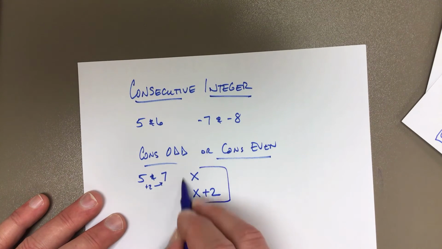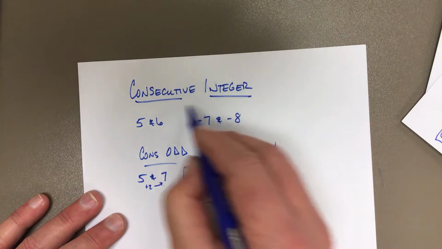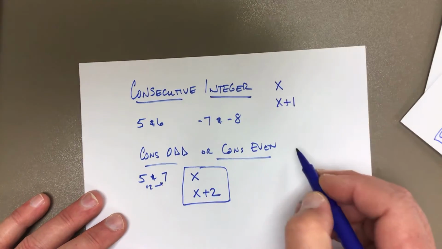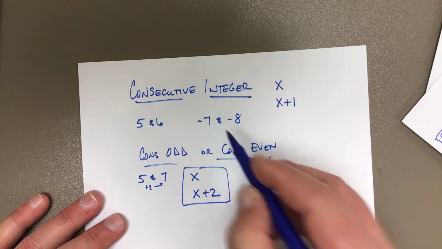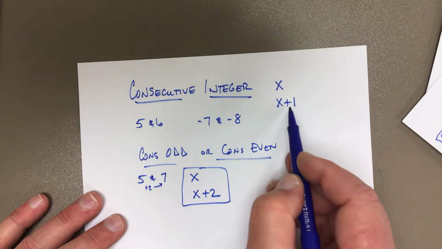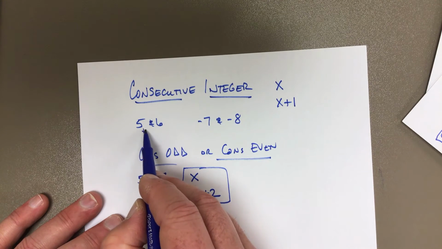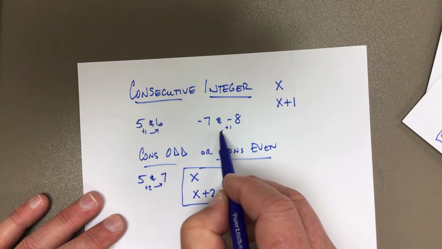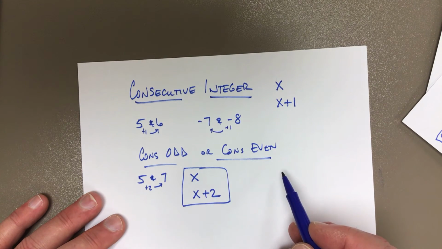This is important here, right? Up here, a consecutive number would be x and then x plus 1. Actually, it would be x plus 1 whether positive or negative. Notice that we would add 1 here to get to the 6, and we would add 1 here to get to the -7, right?